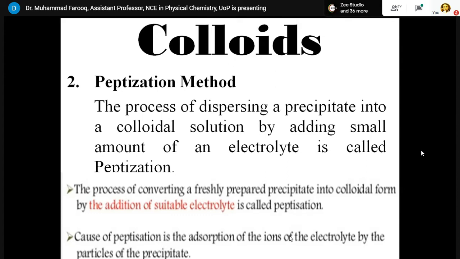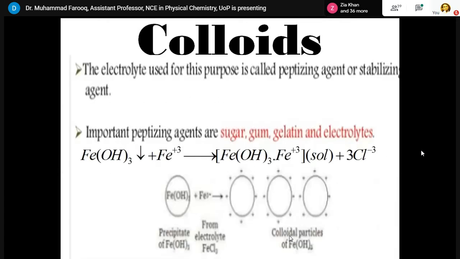We have a precipitate which has a larger size. For example, Fe(OH)3 is a precipitate. If we put an electrolyte of iron, Fe3+, automatically you will get a sol: Fe(OH)3, Fe3+ plus Cl-.